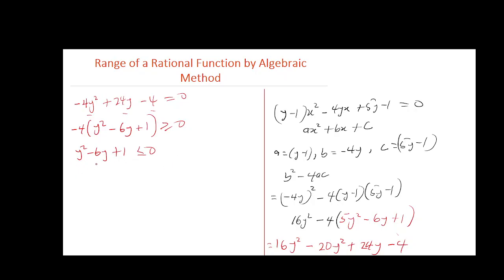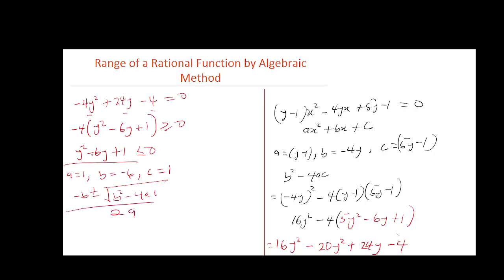And this is a quadratic equation. We can use the formula to solve at once. The coefficient of y squared here is 1, meaning that our a is 1, our b, the coefficient of y, is minus 6, and our c is equal to 1. Using the formula, y will now be minus b plus or minus the square root of b squared minus 4ac all over 2a.